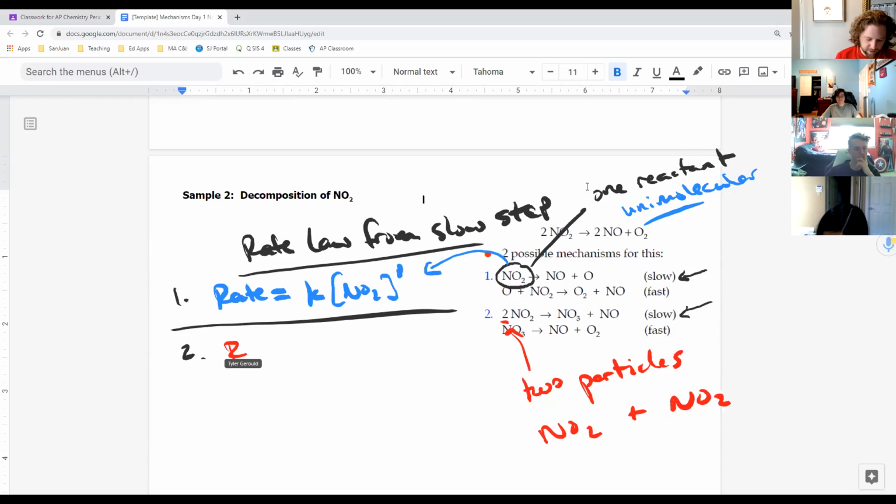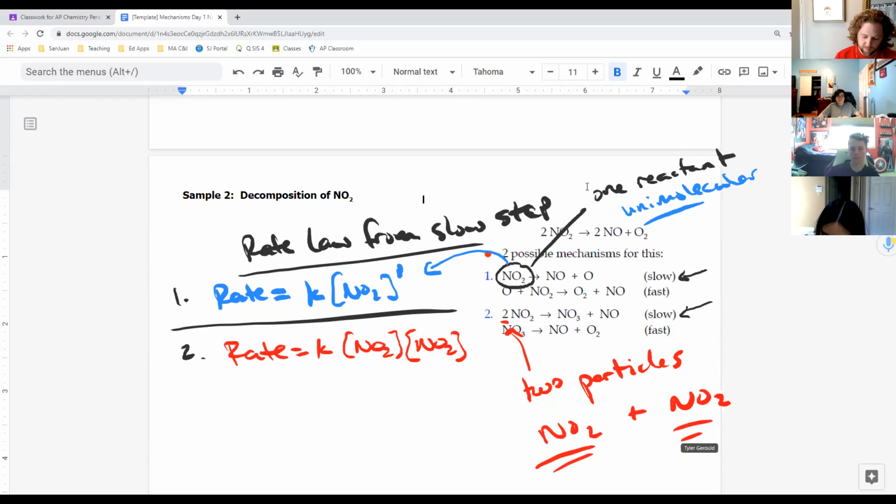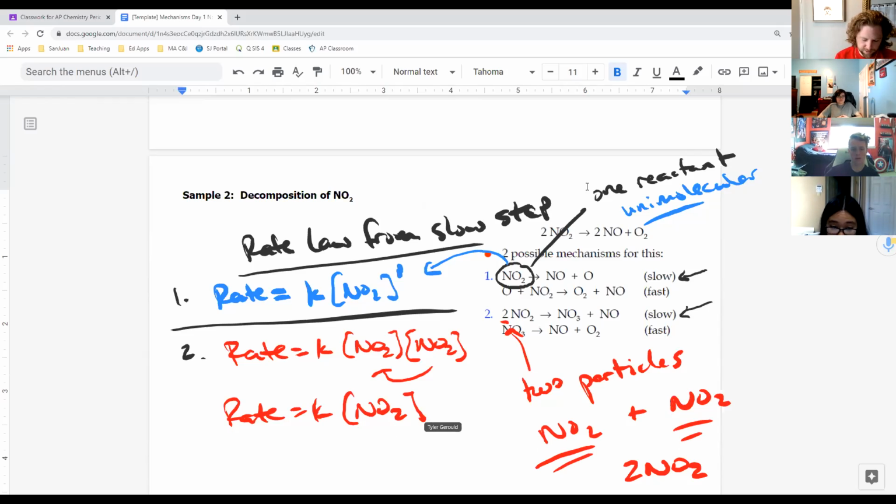So the rate law would be, we just kind of did this one, NO2 and NO2, which is 2 NO2. So we're just going to combine those and say the rate law is k[NO2] squared. So this is where the coefficient becomes the exponent.